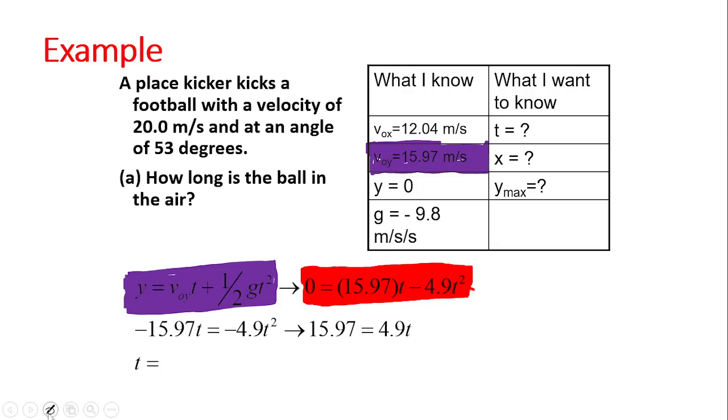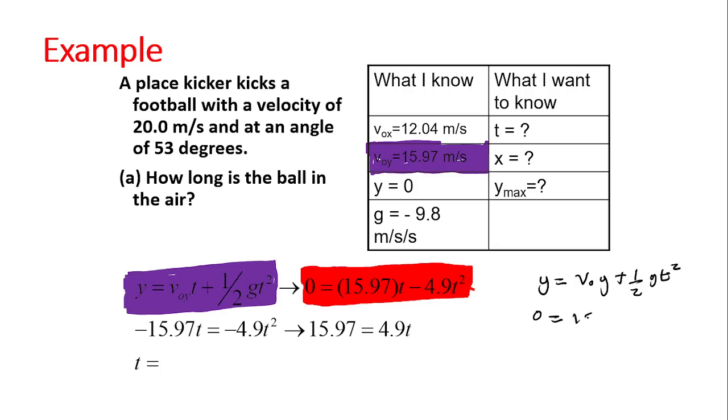You have the initial distance to be 0. So you have y is equal to v0y plus half gt squared from that formula. Then you know that this guy is 0, and we already solved it on the previous slide.